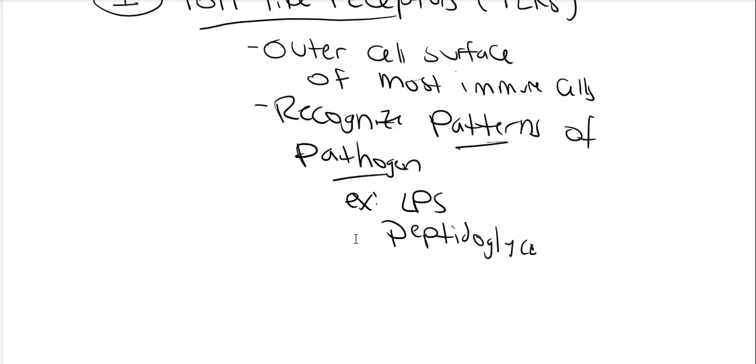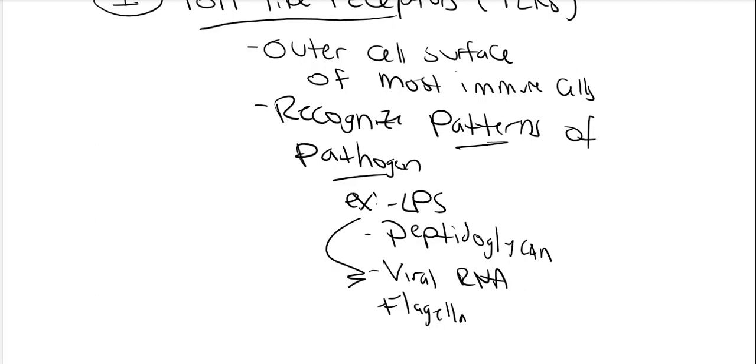Remember, peptidoglycan is unique to bacteria only. So this is a pattern of a pathogen. Another one could be some viral RNA. That's a unique pattern of a pathogen. Or maybe some flagella of a bacteria. So there are many different unique patterns that signal that a pathogen has invaded the body.